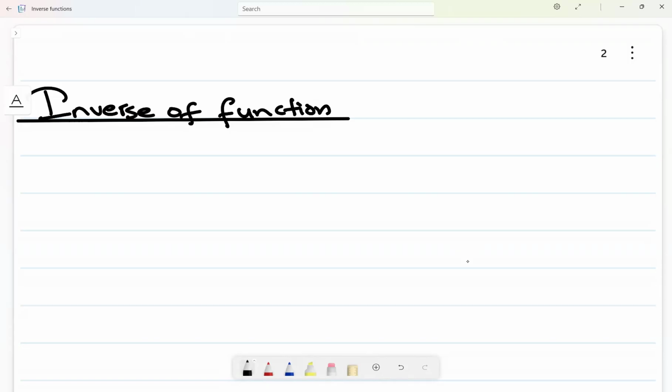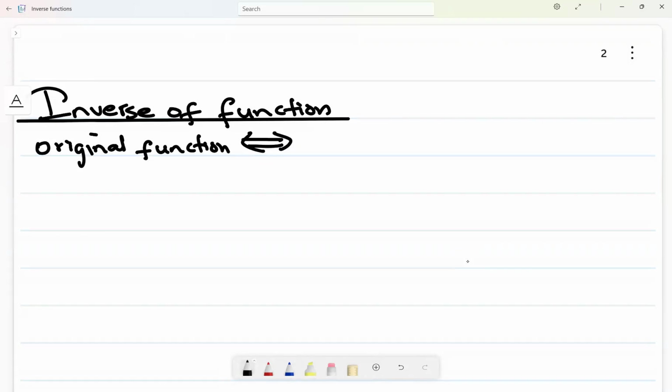Now, if we move from the original function to an inverse function, or vice versa, going back and forth.